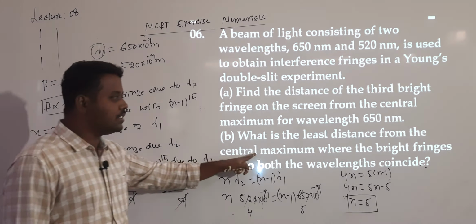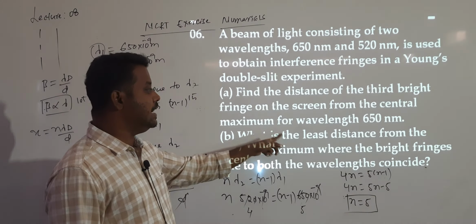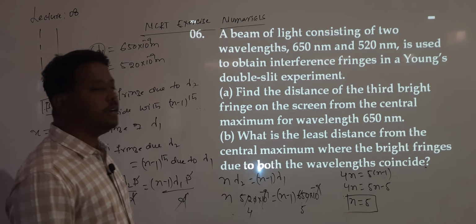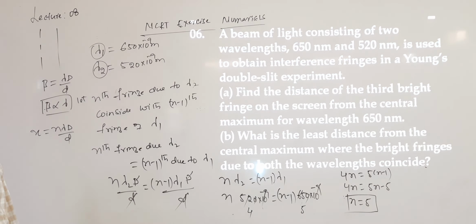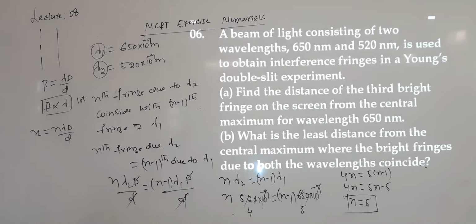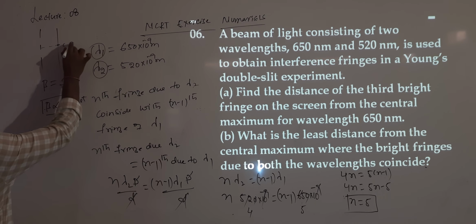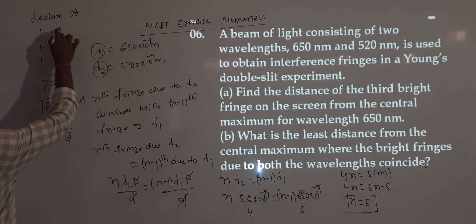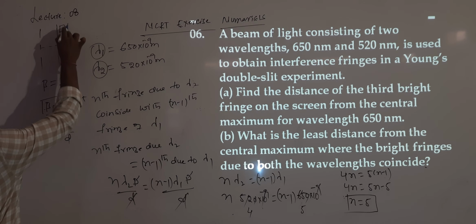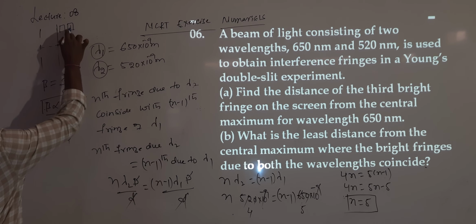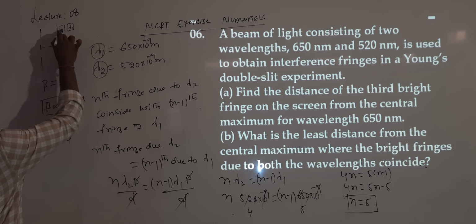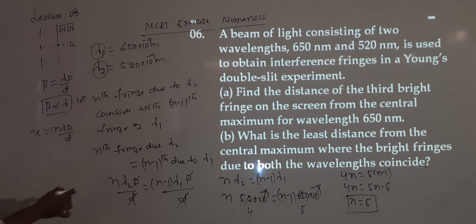Now what are they asking us to calculate? The least distance from the central maximum. Here I get the central maximum, the central bright. Somewhere here the fringes of both the wavelengths coincide. This is corresponding to the wavelength lambda 1 and this is corresponding to the wavelength lambda 2.